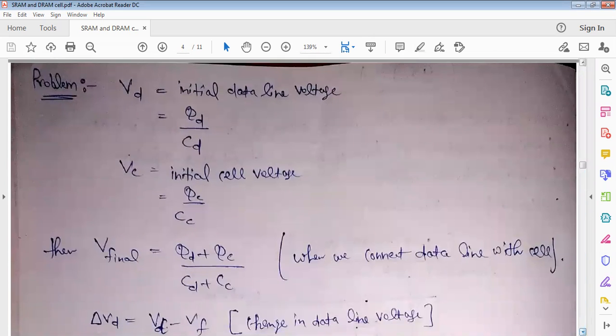Now there is some mathematics in there. Let's say we have a one transistor DRAM cell like this.